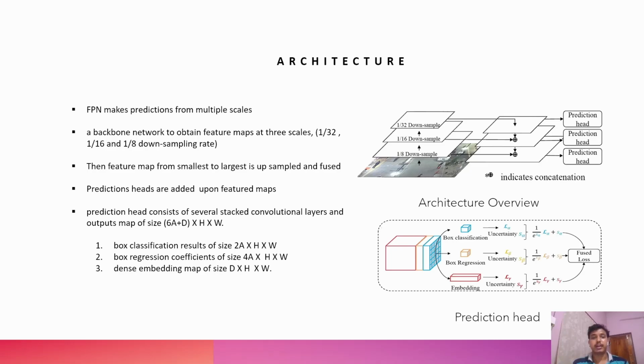Prediction heads are added upon the feature maps. The prediction head consists of several stacked convolutional layers and outputs a map of size (6A+D)×S×W. The 6A+D can be dismantled as 2A×S×W, that is box classification, 4A×S×W, that is the box regression coefficients, and D is the dimension of the dense embedding map.